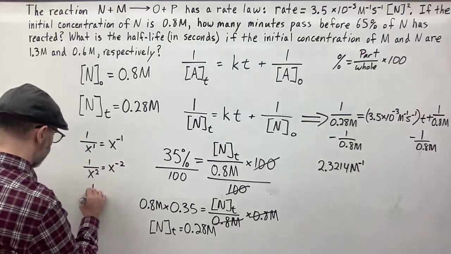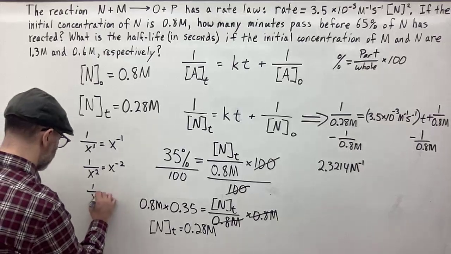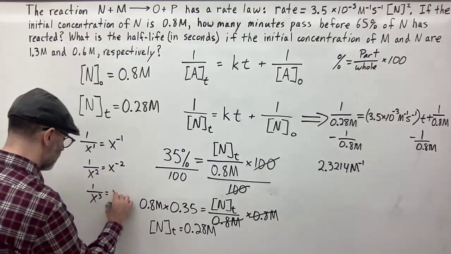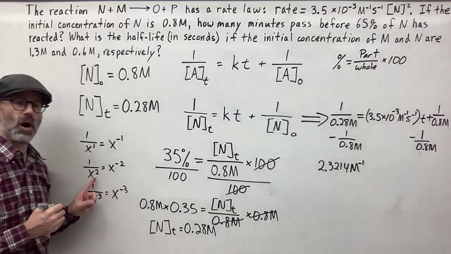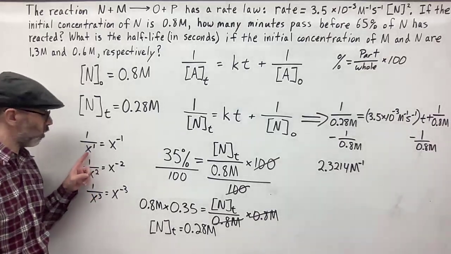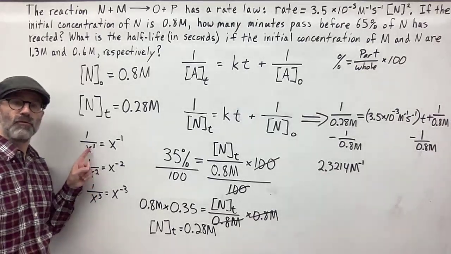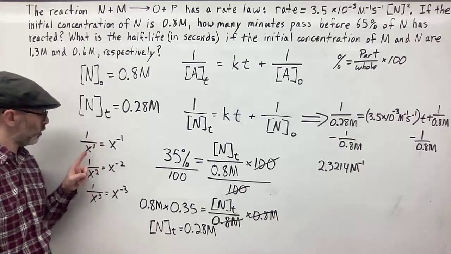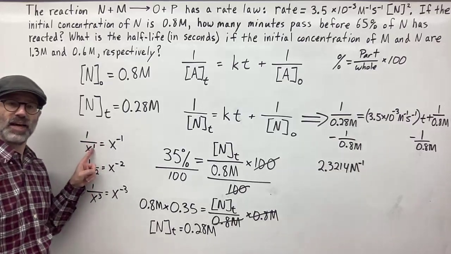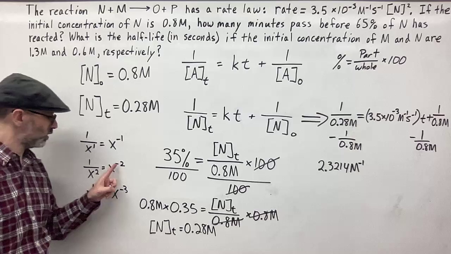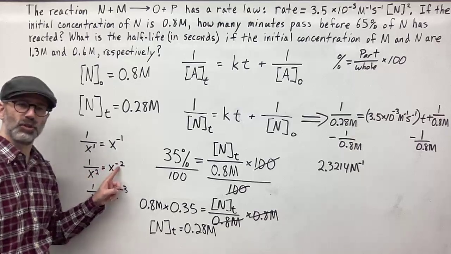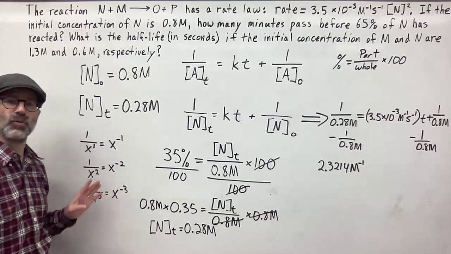Or if you've got 1 over x to the third, that's the same as x to the negative 3. So basically, if you want to bring your variable from the bottom to the top, you have to change the sign of the exponent. So this goes from positive 1 to negative 1, positive 2 to negative 2, positive 3 to negative 3, and so on.